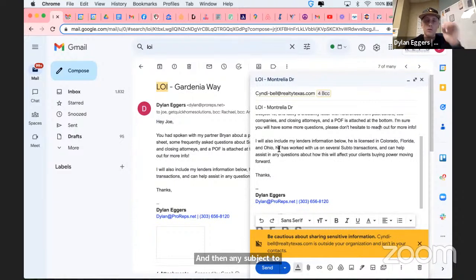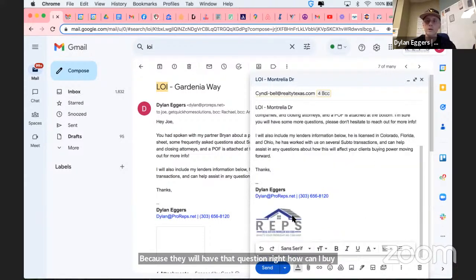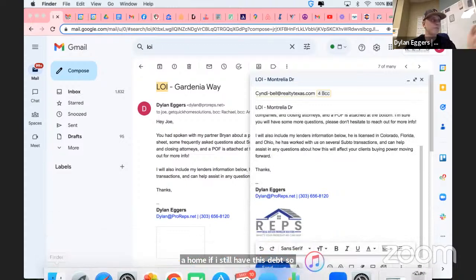I will also include my lender's information below. He is licensed in Colorado, Florida, and Ohio. He has worked with us on several sub-2 transactions and can help assist in any questions about how this will affect your client's buying power moving forward. Because they will have that question, right? How can I buy a home if I still have this debt? So my lender will be able to help them figure that out.